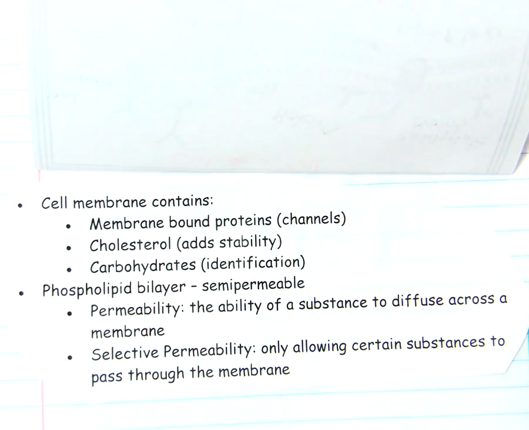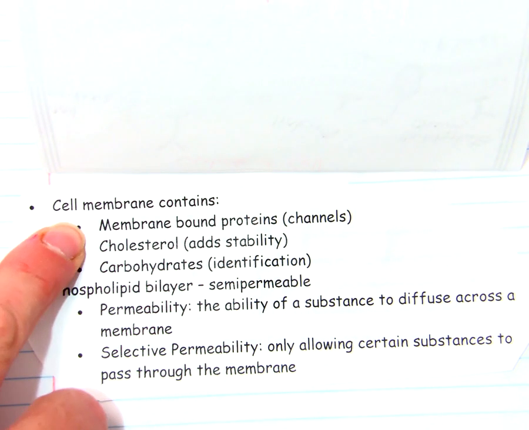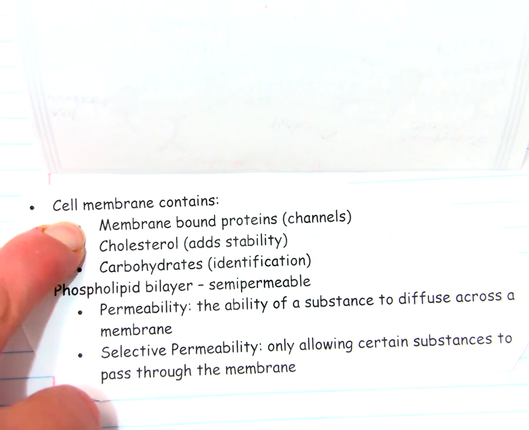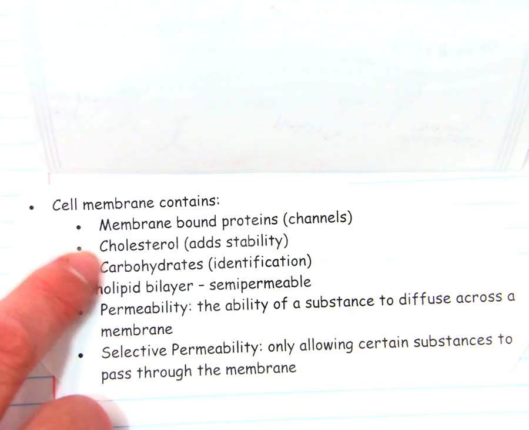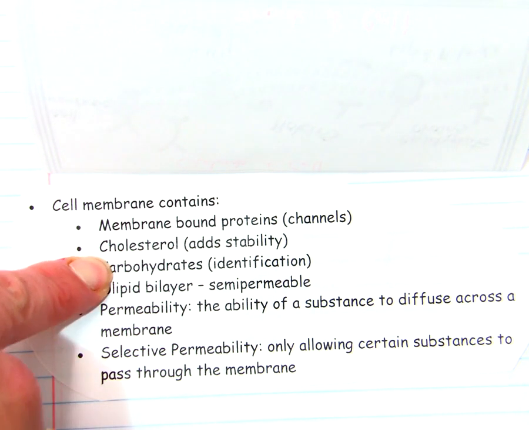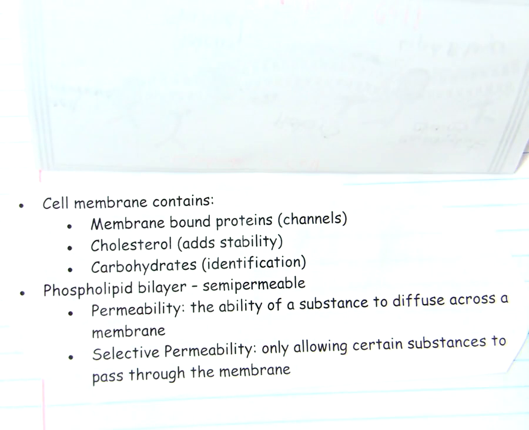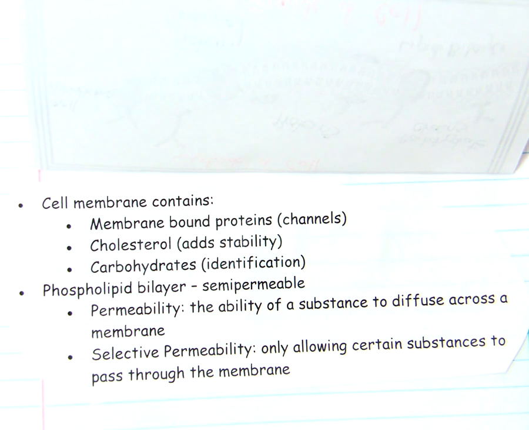So the cell membrane is going to contain a couple of things. We have the membrane-bound proteins, so the channels, we labeled those. What our picture was missing was that the cell membrane will also at times contain cholesterol.